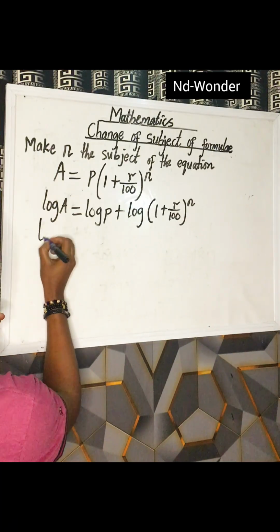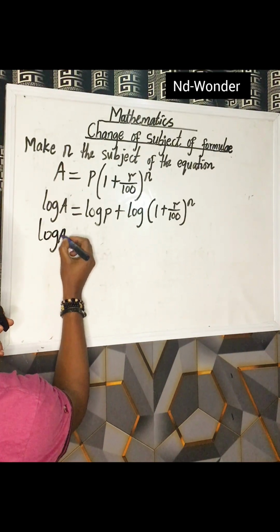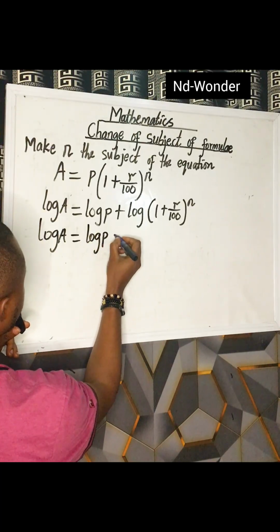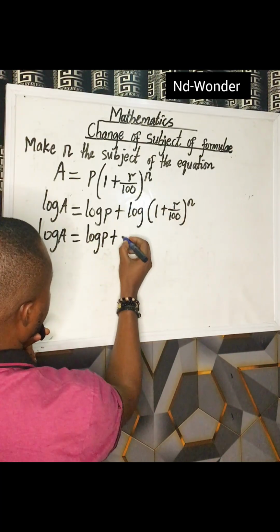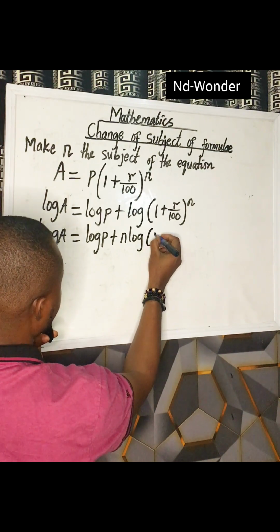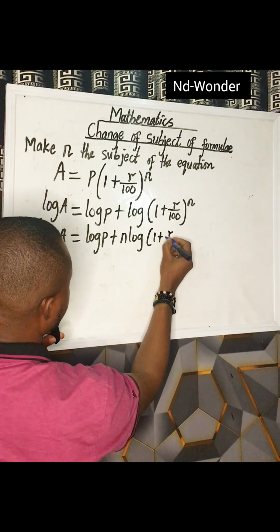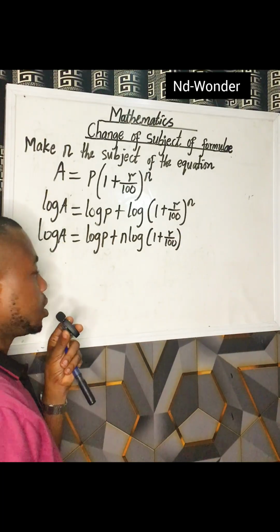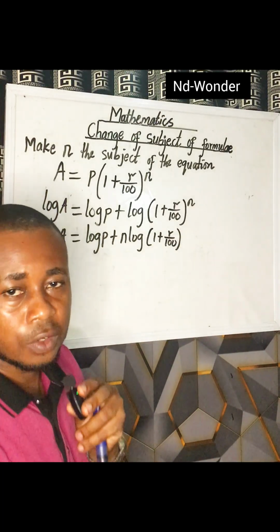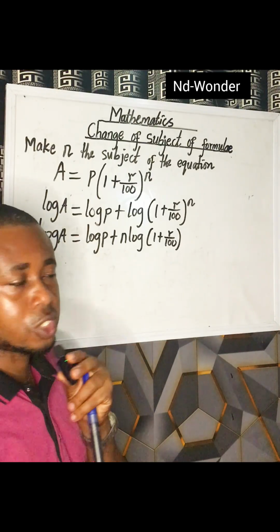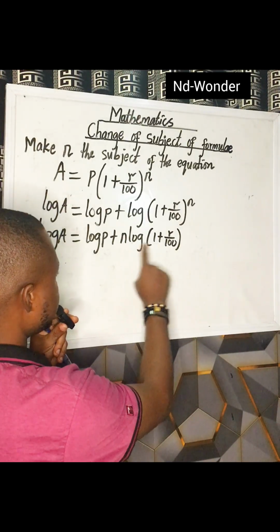Expressed thus, we have log a is equal to log p plus n log into bracket 1 plus r over 100. Having taken note of the fact that n is going to be the subject of this equation, I will allow n to remain here.